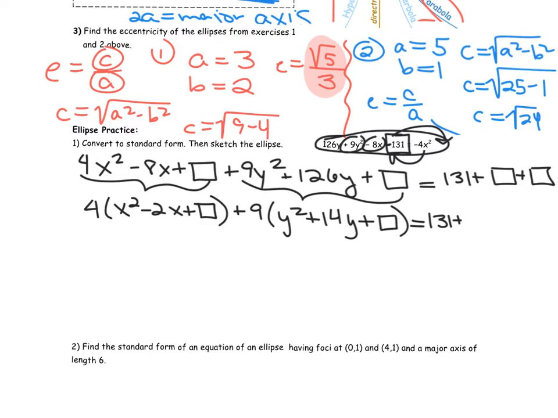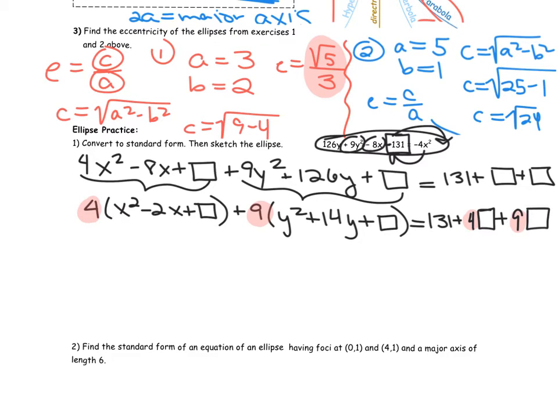Now remember, the 4 is factored out here, and the 9 is factored out here. So that needs to be included outside of our boxes. So I have plus 4 outside of my box. That's going to get multiplied plus 9 times what's outside of the box here.